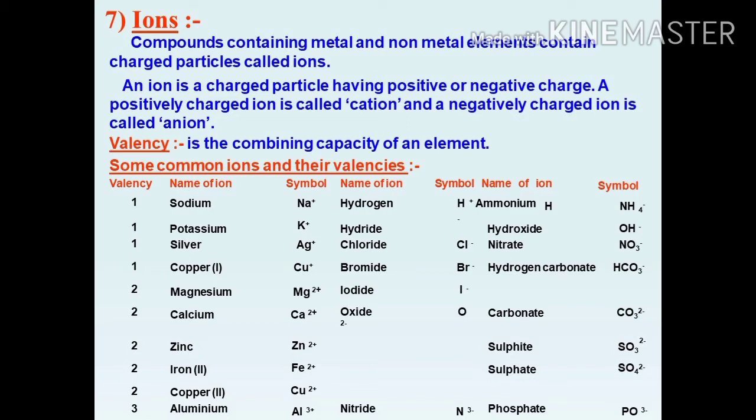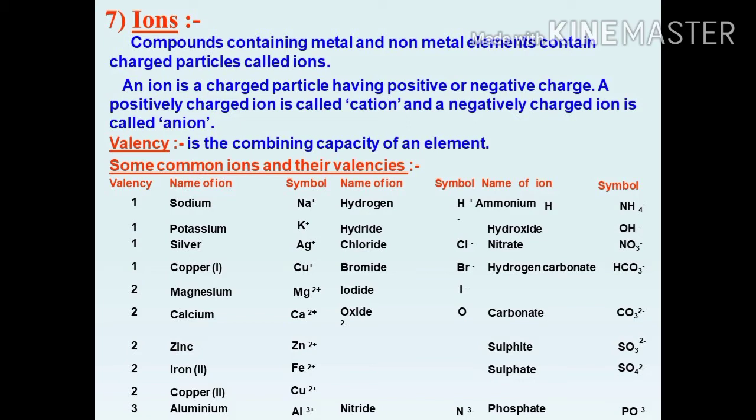Take for example sodium chloride. What's the chemical formula? Sodium chloride, NaCl. Its constituent particles are positively charged sodium ions and negatively charged chloride ions. In sodium chloride, sodium is a positively charged particle and chloride is a negatively charged particle.